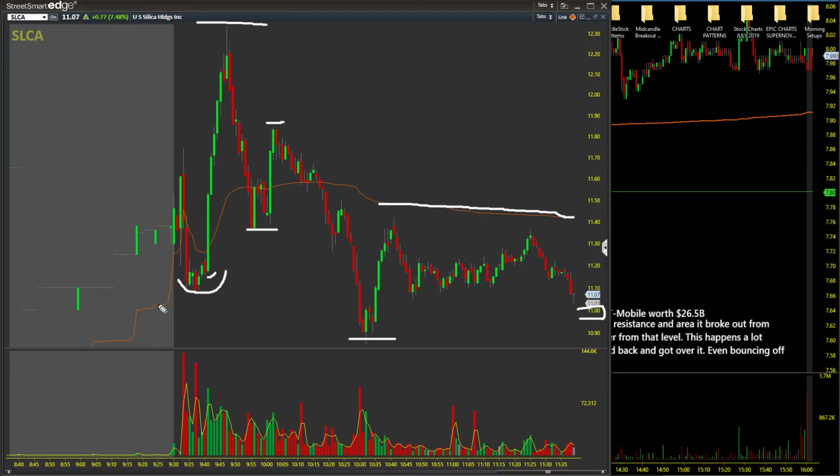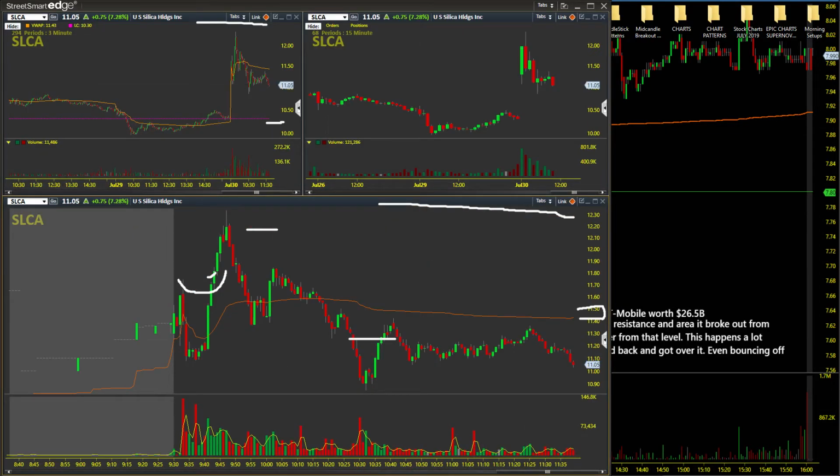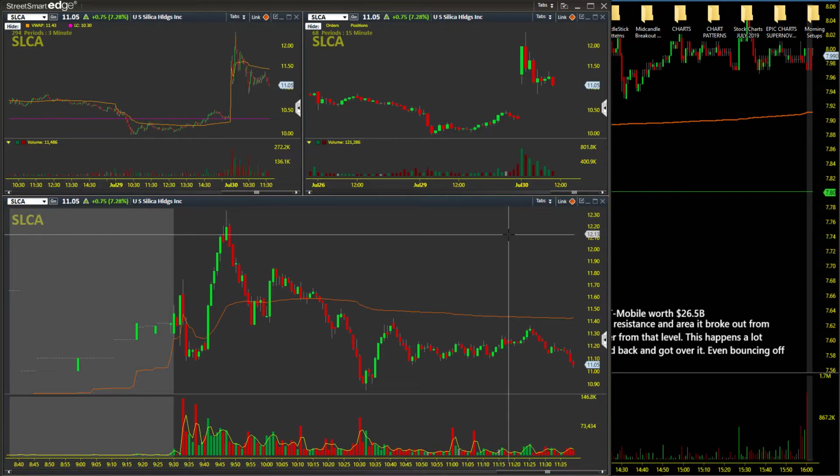People see opportunities on all types of different charts. That's why it's always good to learn from multiple traders to see how they view the markets and how they view charts and take away from them. Again, going back to looking at multiple time frames as well.